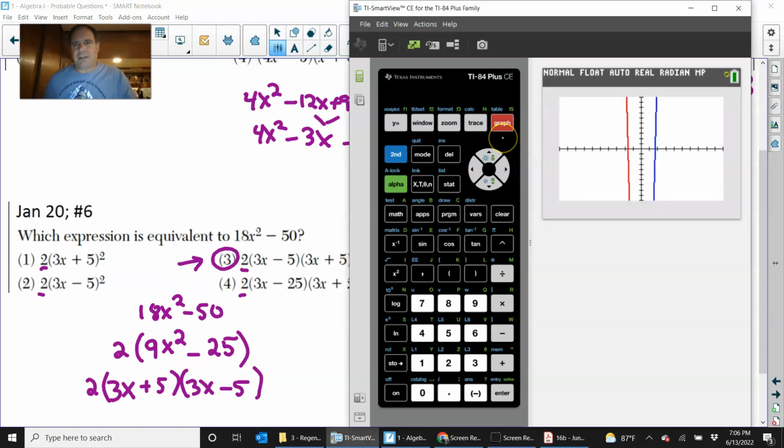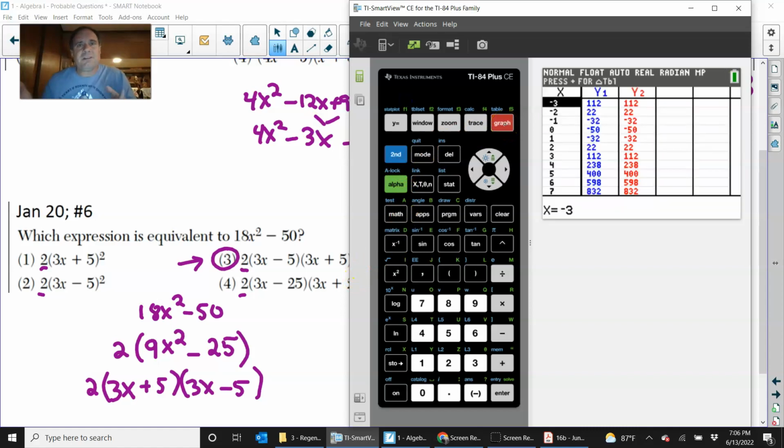So now I'm going to press graph. It's the same graph. That's the expression that's equivalent. So if you put the other ones in, it will not be equivalent. If you don't believe me, look at the table of the graphs. All right? They are exactly equal. So that's how you can do the problem without actually factoring it.